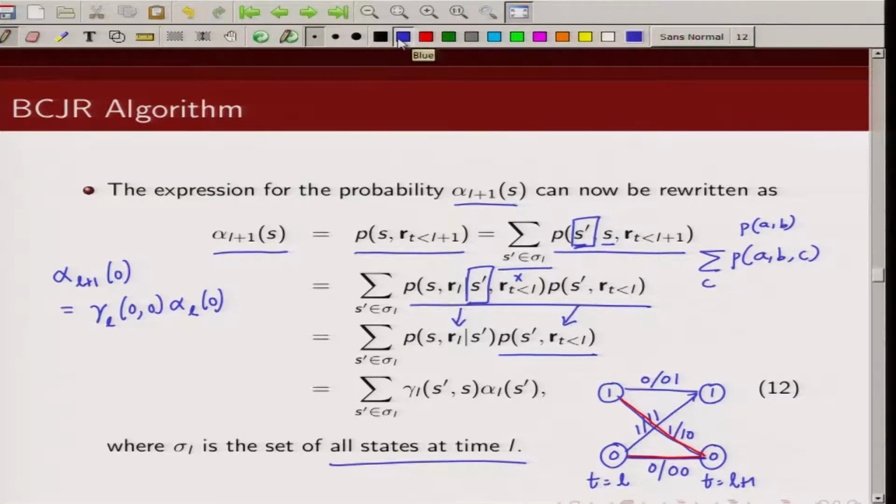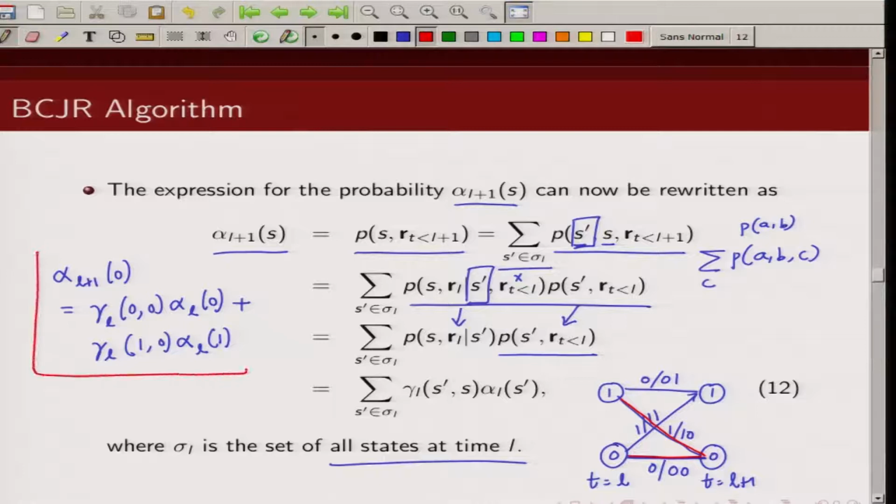So, we can write plus gamma L 1 0. Gamma L 1 0 is the gamma corresponding to this transition when the initial state is 1 and the next state is 0, multiplied by alpha at time L belonging to state 1. So, alpha L plus 1 of 0 can then be written as this.